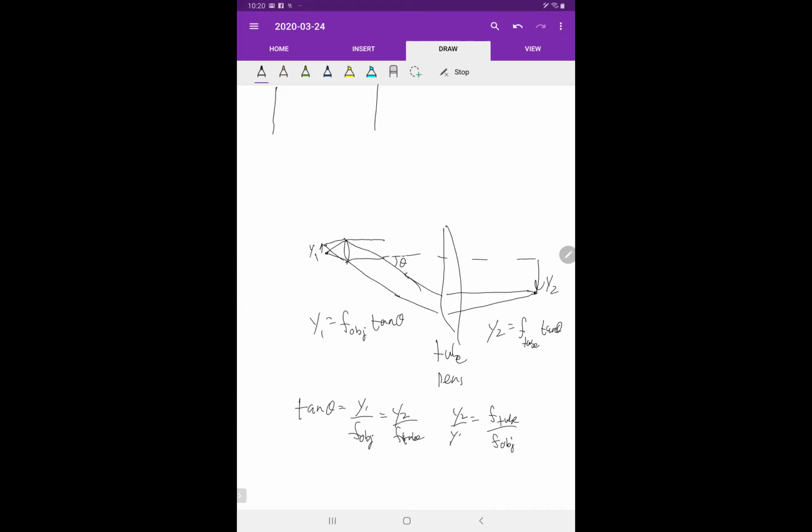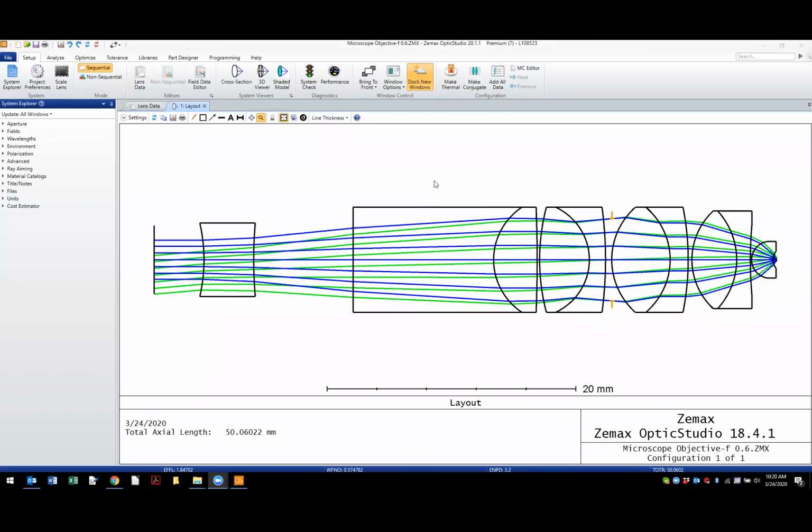So in this Zemax file, we can't actually look at this and say what the magnification is, because right now there is no magnification, there's no tube lens. All we've got is something that is taking an off-axis object and hopefully making the rays go more or less parallel to each other, or vice versa, taking off-axis rays and hopefully bringing them more or less to a point. Any questions on how that works?